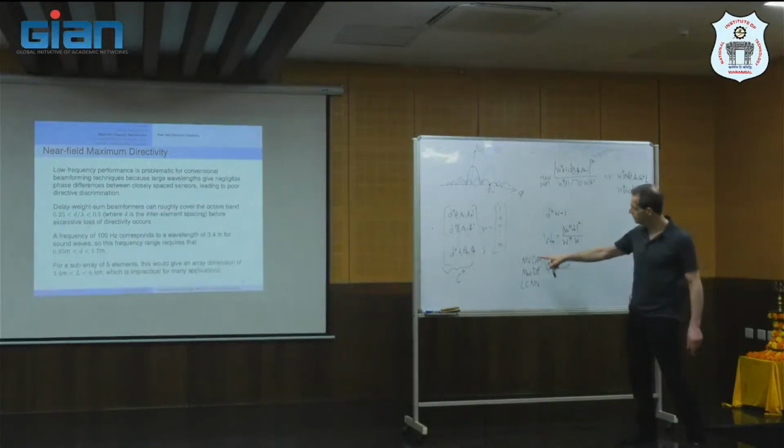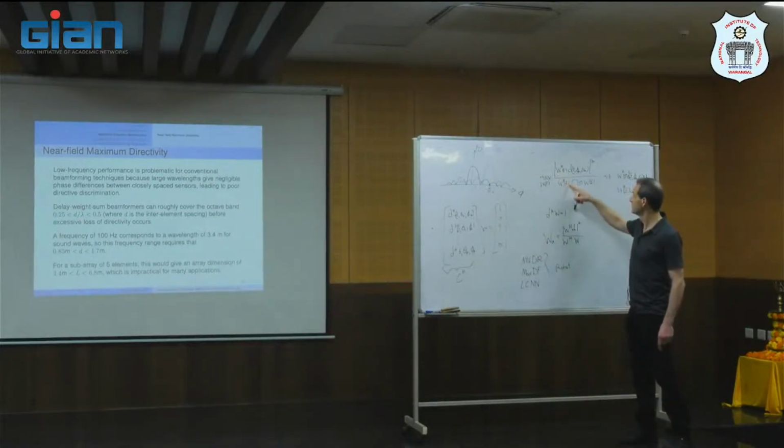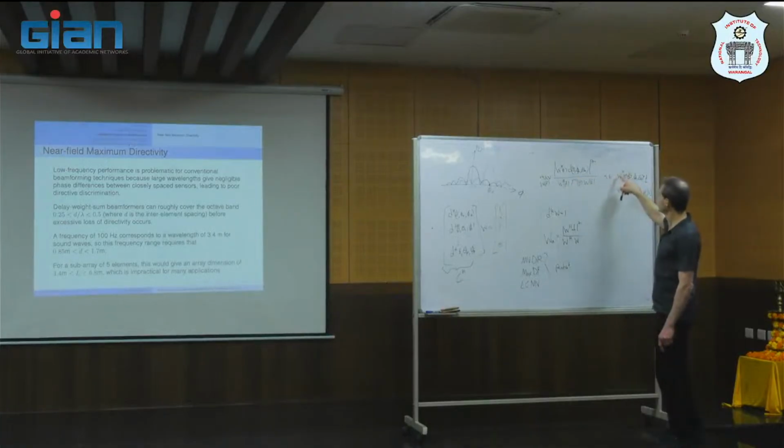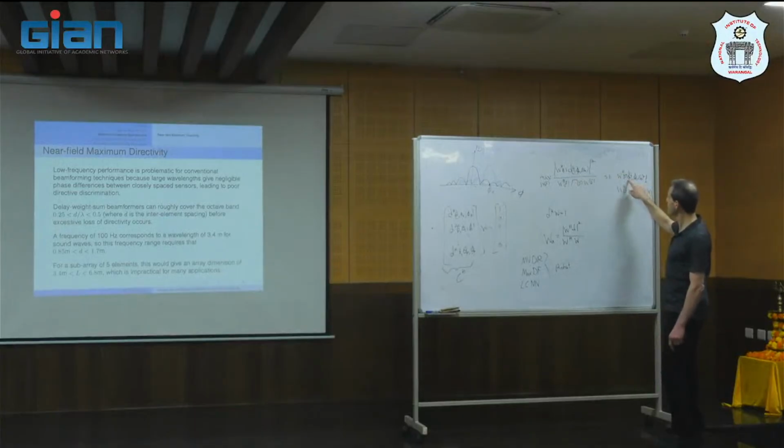Okay, so let's go for the MVDR. What do we need to change? Only this. The propagation vector, or the steering vector, which you call it here, we need to change to near field. So the constraint that it's equal to 1 will be with D that is near field.